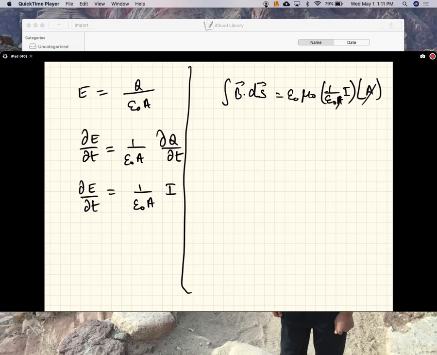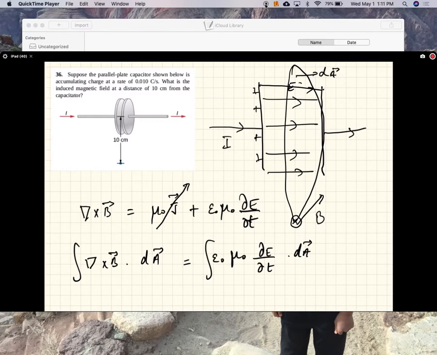All right, now let me show you the line integral. So the line integral is over this big circle whose radius is r, which is 10 centimeters in the problem. We'll call it r. So the value of the line integral is just B times 2 pi r.